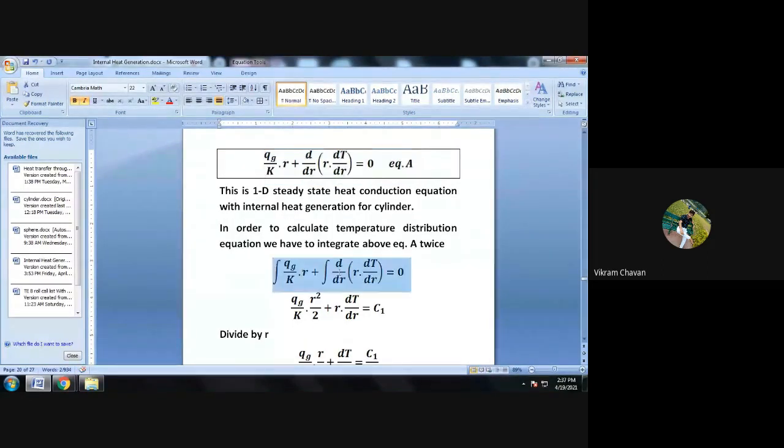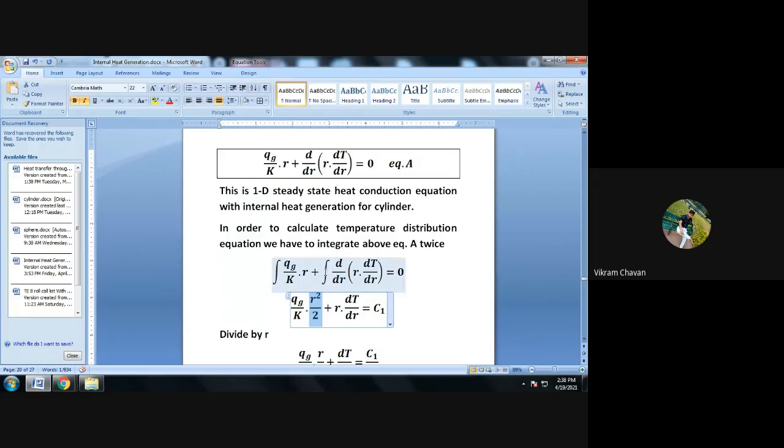So integration of Qg divided by k multiplied by r, plus integration of the differentiation with respect to r of the bracket r multiplied by dT/dr, is equal to 0. After the first integration, Qg divided by k is constant, so it remains as it is. Only r is the variable, so integration of r becomes r square divided by 2.